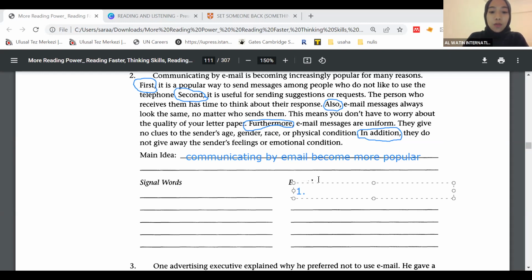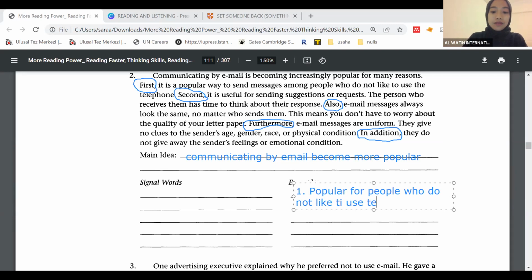So, popular for, sorry, I didn't type. Popular for people who do not like to use telephone.